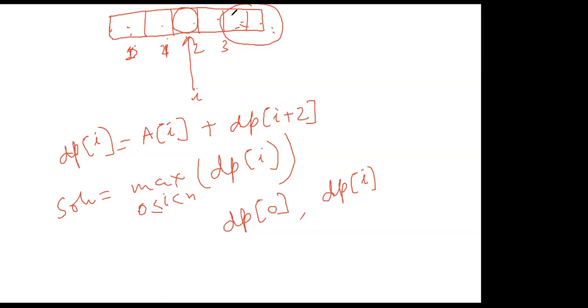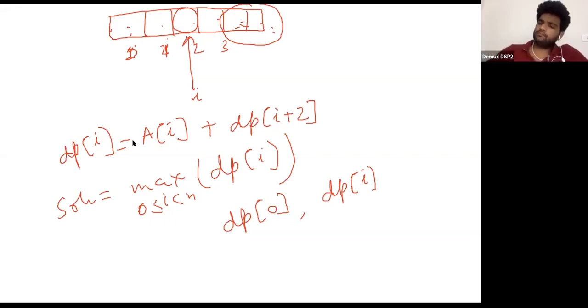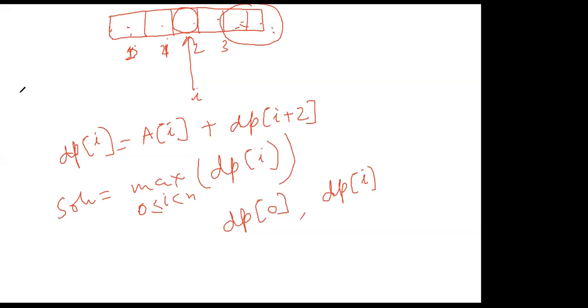Yes, sir. I think there might be a case where suppose we have the array 1, 2, 1, 2, 1 and 4. Doesn't robbing 1 and 4 help rather than robbing 1 and 1?